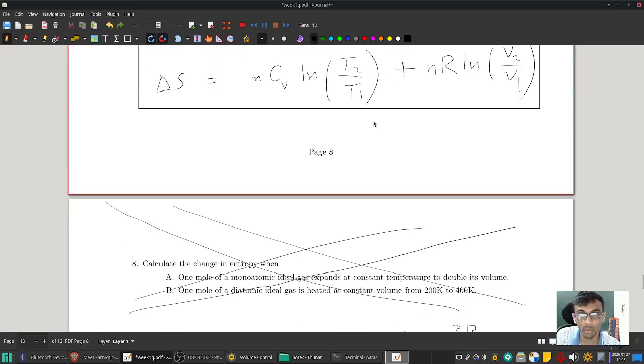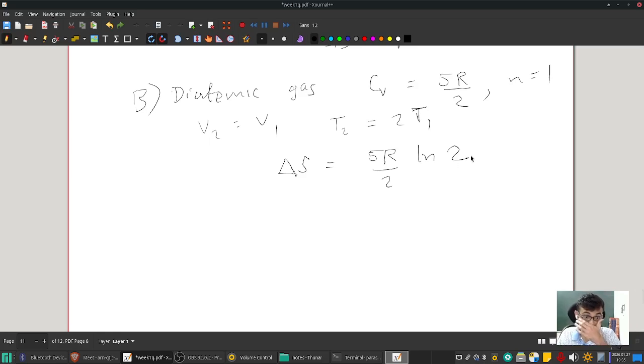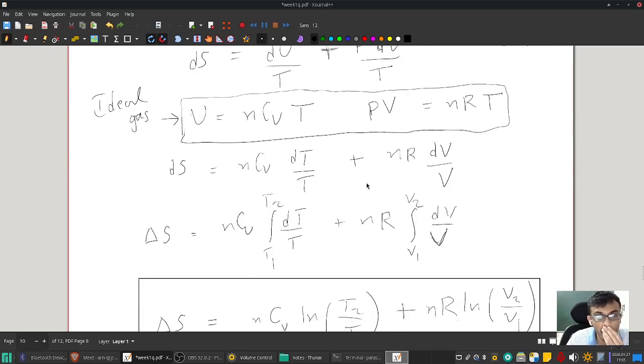So if you substitute these here, delta S is going to be 5R by 2 ln 2. So this is the change in entropy of an ideal gas.